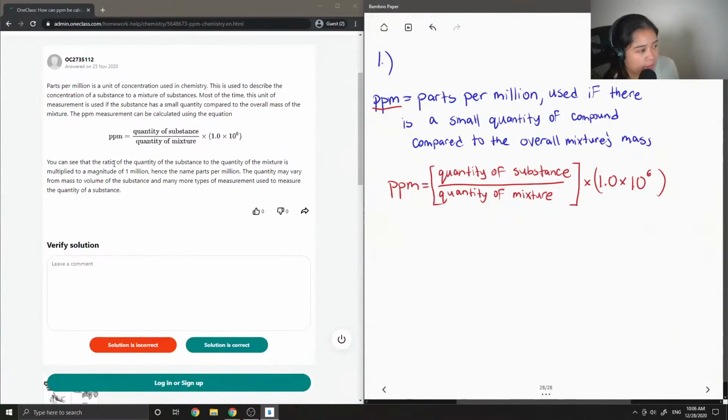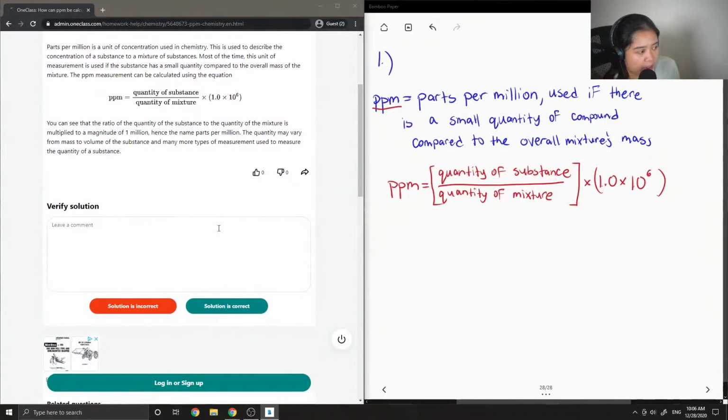You can see that the ratio of the quantity of the substance to the quantity of the mixture is multiplied to a magnitude of 1,000,000, hence the name parts per million. The quantity may vary from mass to volume of the substance, and many more types of measurement used to measure the quantity of a substance.